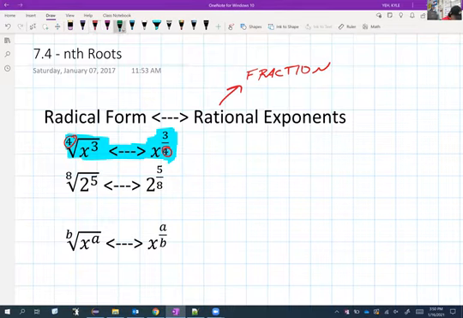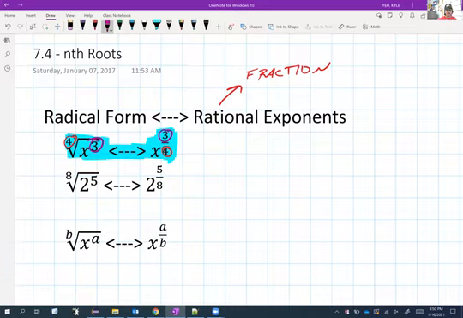Notice that whatever power is inside the radical is our numerator in the rational exponent form. X cubed on the inside on the left, the 3 went in the numerator, the fourth root means we have a 4 in the denominator, we get x to the 3/4 power.